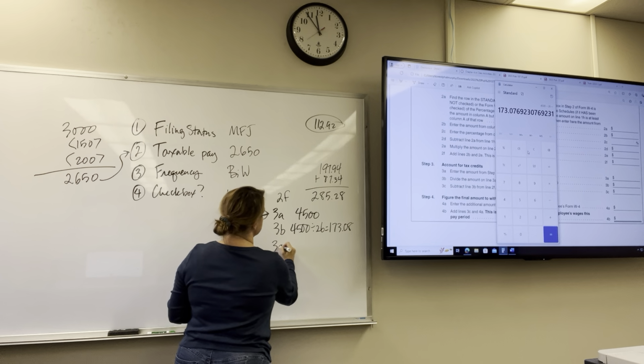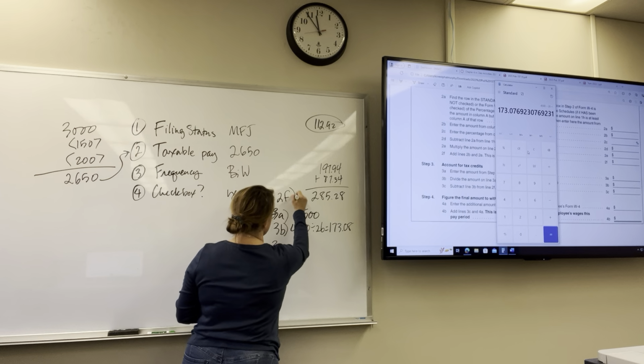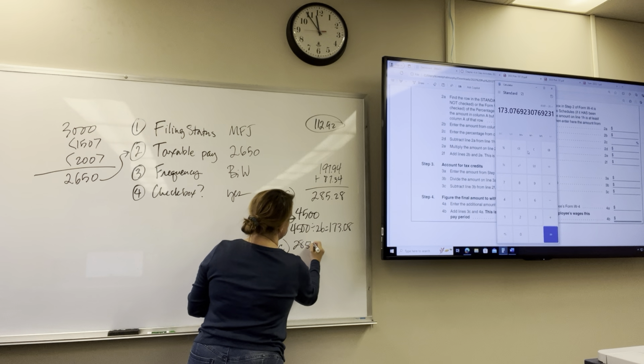And then 3C, we'll do the 285.28 minus 173.08.